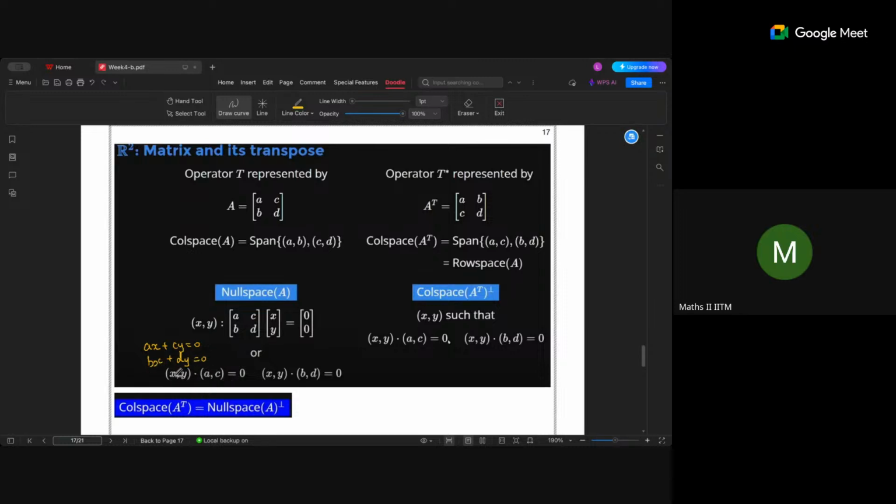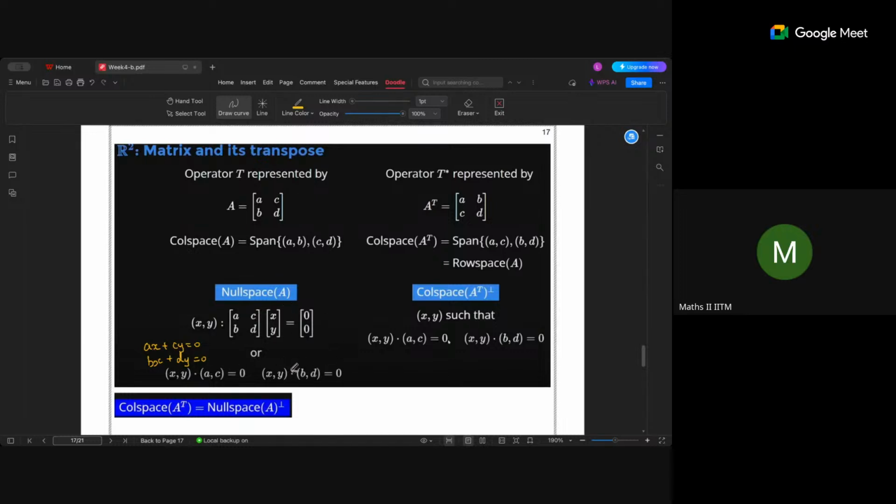That is the same as the dot product of x, y with a, c. And x comma y dot product with b, d gives the second equation. So we have written the system of linear equations in terms of dot products.